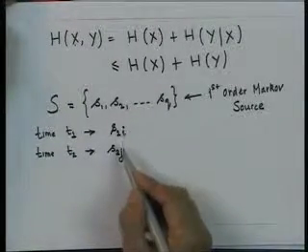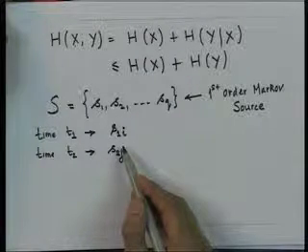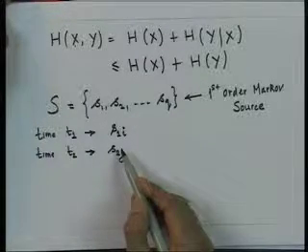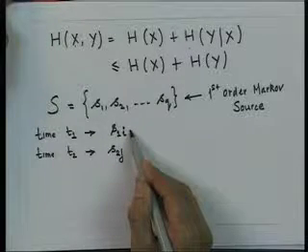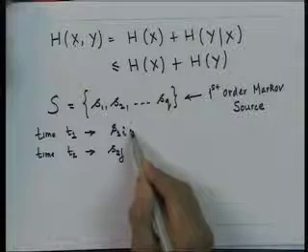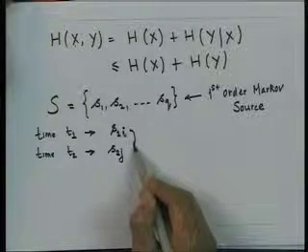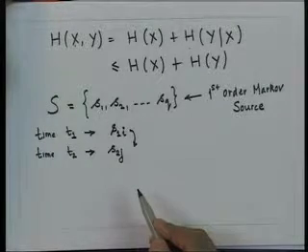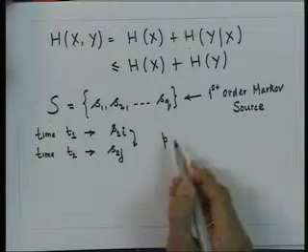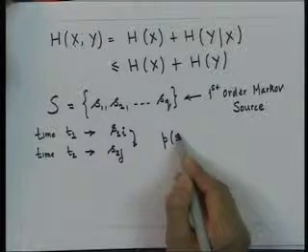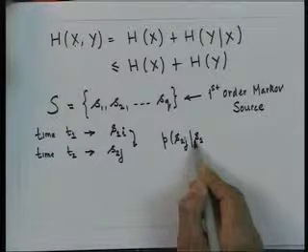if I were to find out the information which I gain when I transit from S1i to S2j, then to find that information I will require the conditional probabilities of S2j given S1i.